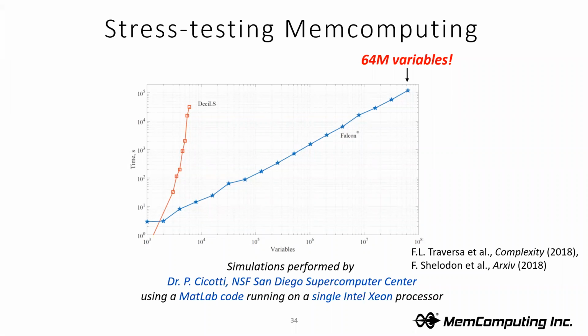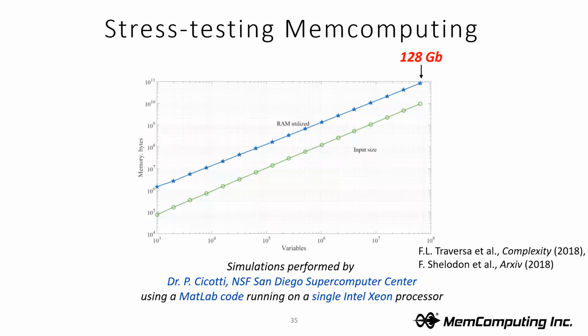We can see that with MemComputing the scaling is essentially linear, and we arrived at solving instances of up to 64 million variables, which are very large circuits. For this kind of test, they included more than 300 million gates. You can imagine, and we were simulating just this in software, the dynamics of this circuit. So they were pretty efficient in solving these instances.